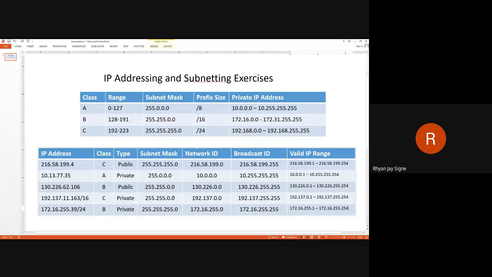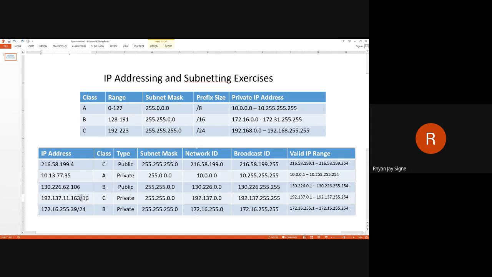And this one has a special subnet mask. In IP addressing, this is called CIDR, classless inter-domain routing.